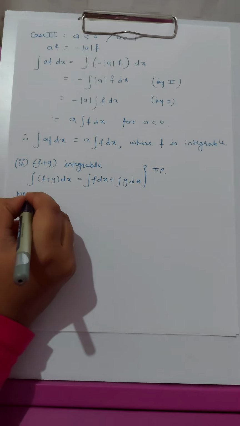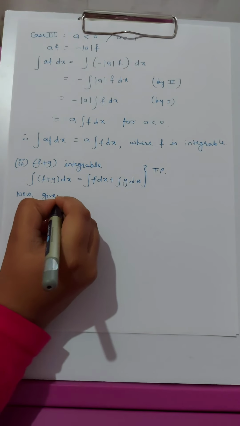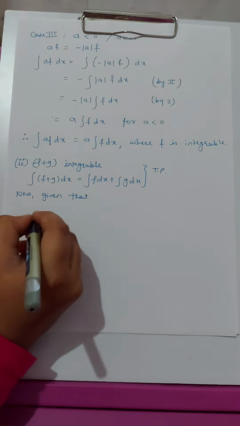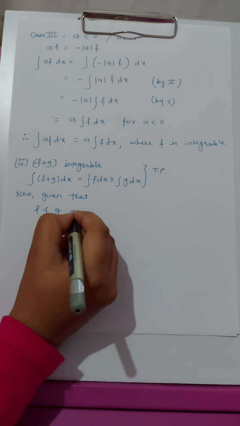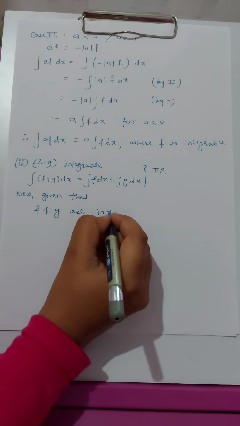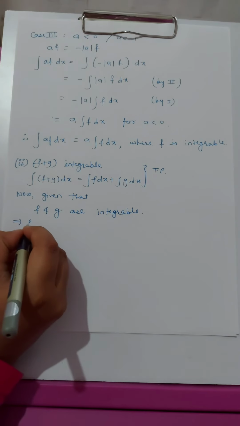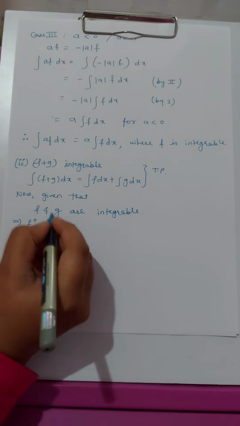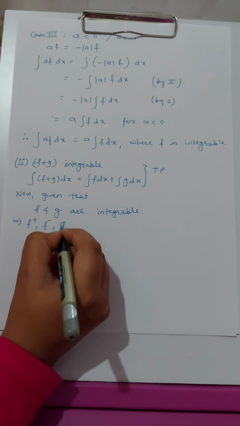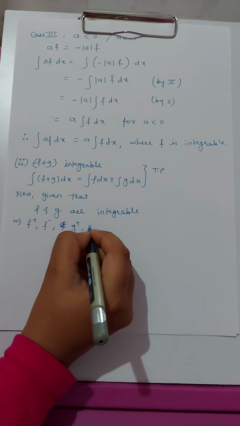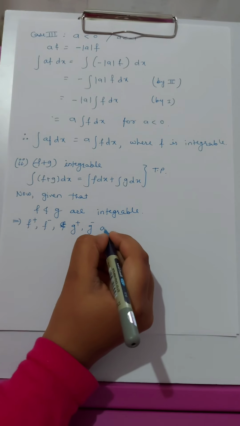Now, given that f and g are integrable, this implies that the positive part and negative part of f, and also the positive part and negative part of g, are integrable.